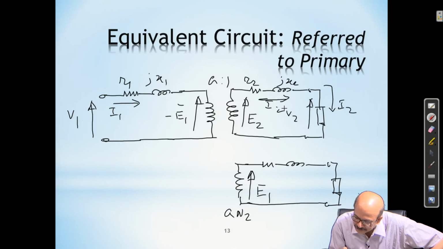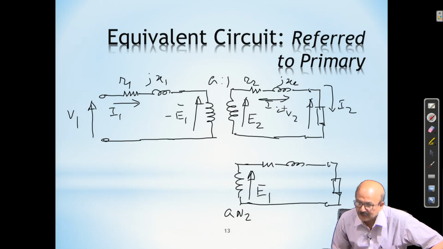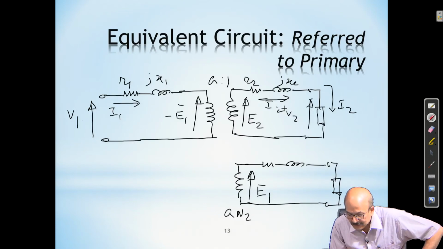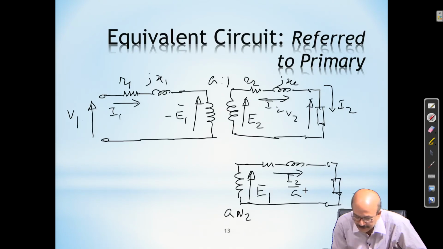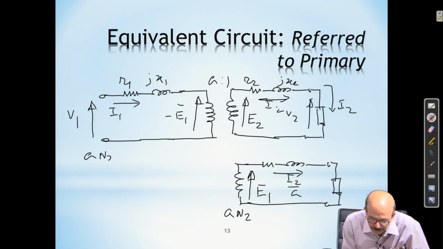The effect of this fictitious secondary should be magnetically and electrically the same as the original one. So, if the number of turns is a times N2, the current flowing must be I2 by a. Why? Then only a times N2 into I2 by a will produce N2 I2, the same MMF.